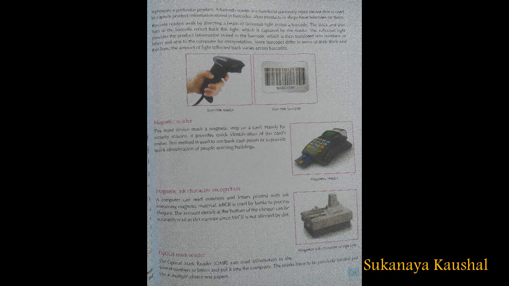Next we have the MICR, which stands for magnetic ink character recognition, or we can also say magnetic ink character reader. MICR is a technology to verify the originality of a paper or document, especially checks. A special type of ink, which is sensitive to magnetic fields, is used to print certain characters on the original documents, and information can be encoded in the magnetic characters.